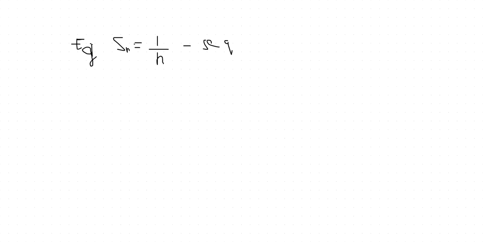So the formal definition of sequence convergence would be: for any small distance epsilon greater than zero, there exists an N which belongs to the natural numbers such that if n is greater than N, the modulus of Sn minus S is less than epsilon.